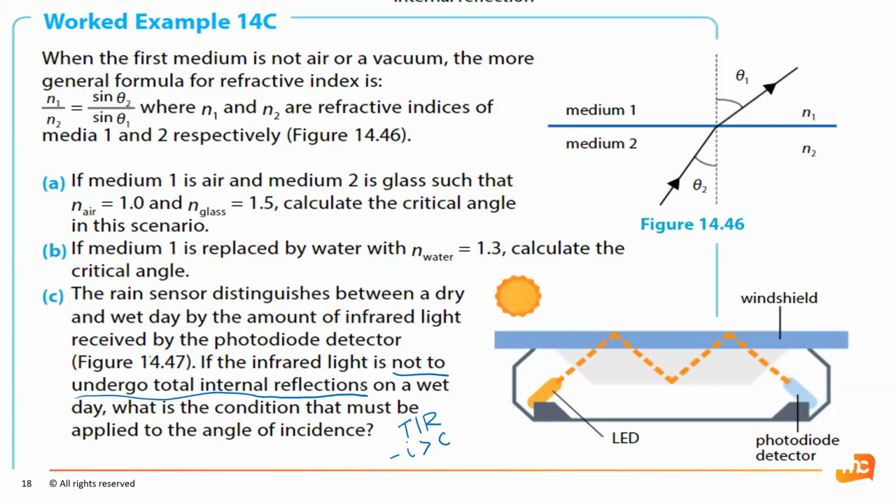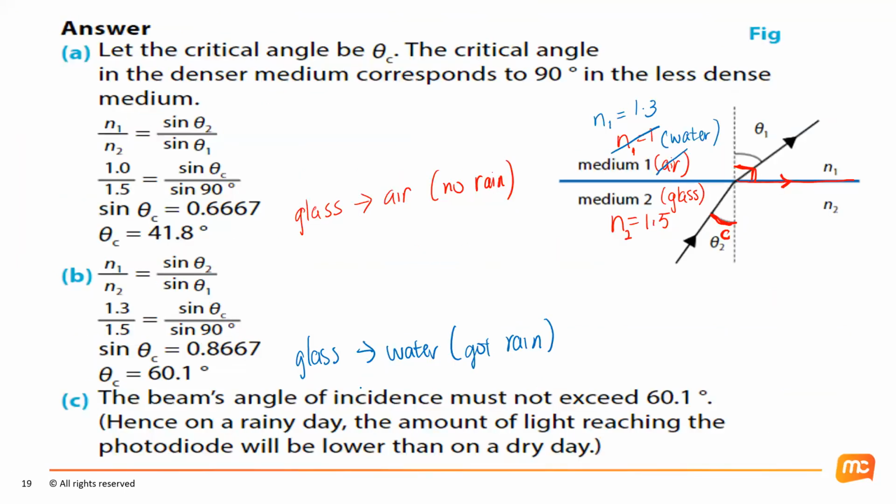If I don't want it, then my I must not be greater than 60.1. So you can see the angle of incidence must not be greater than 60.1. If more than 60.1, TIR will take place.